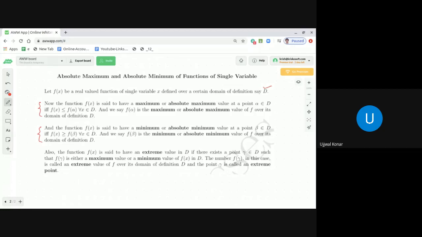So when it is either maximum or minimum, then we say it is an extremum. What is that?